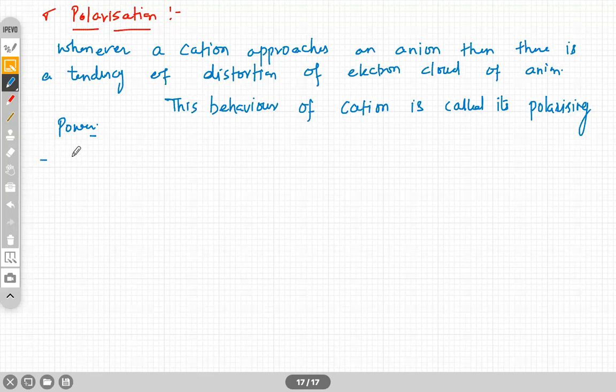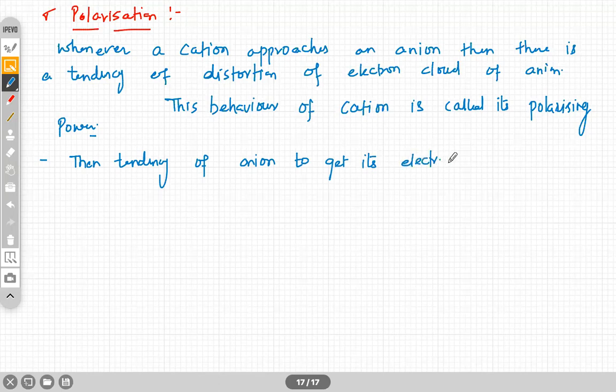Now the tendency of anion to get its electron cloud distorted is called polarizability.